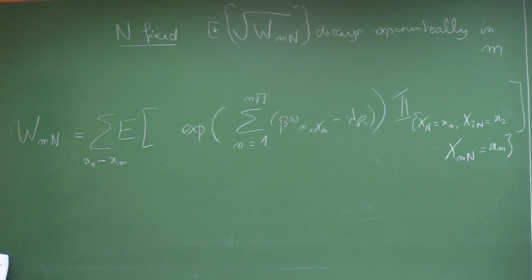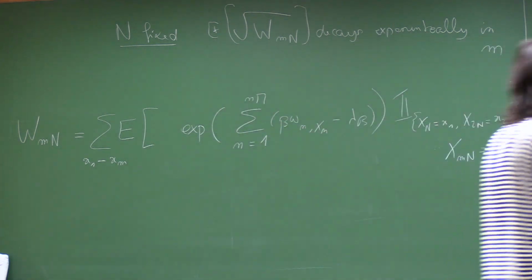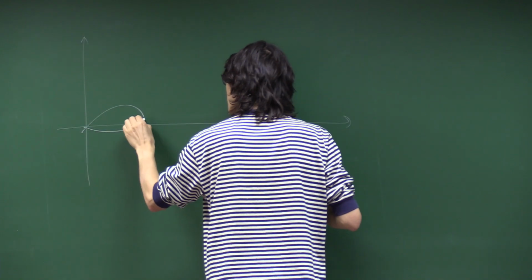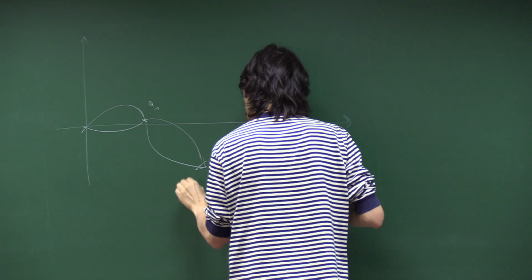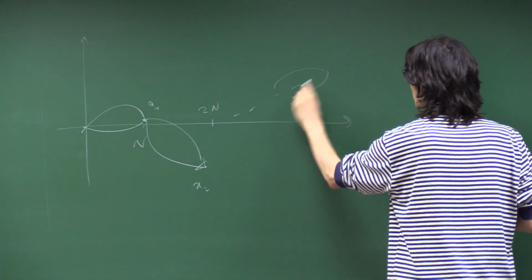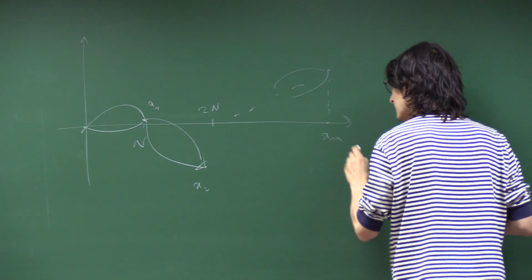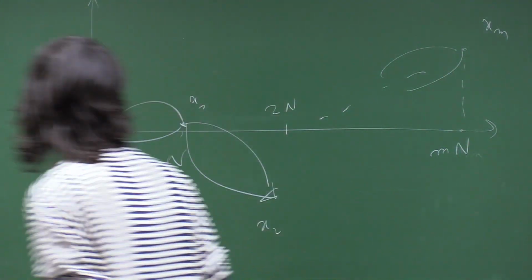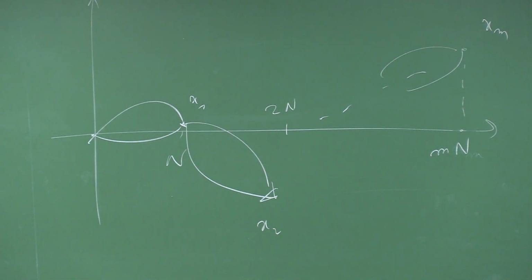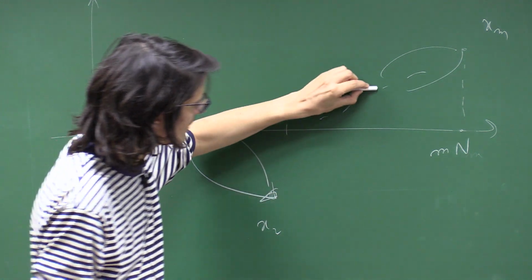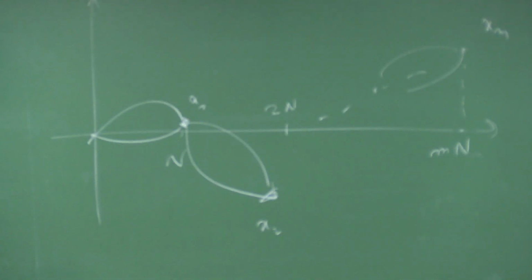The idea is to find a way to factorize our partition function in order to gain some kind of submultiplicativity. When you look at this expectation, you're just taking the contribution of walks that pass through fixed points.